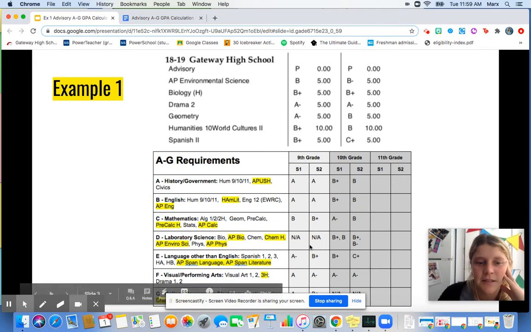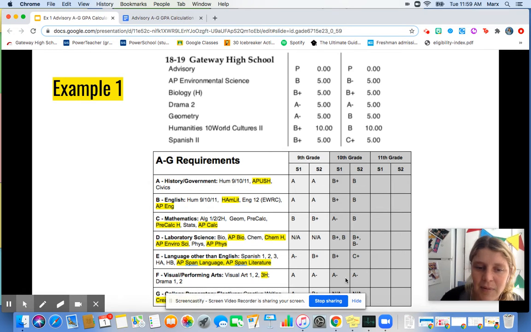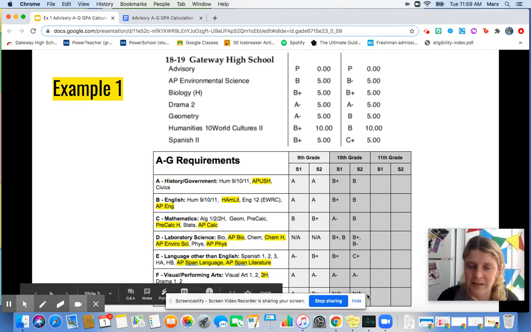Spanish, they got a B+, C+. They took Drama 2, so another art elective, A-, A-, and they don't have a G elective, okay? Your classes from 10th grade might look a little different, okay? But this is what the example student has.